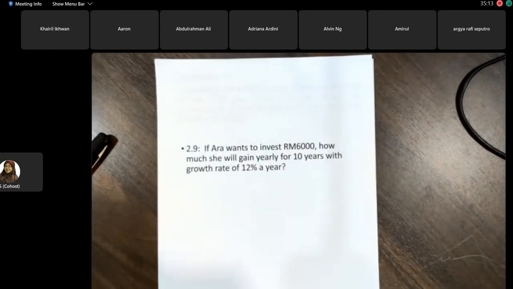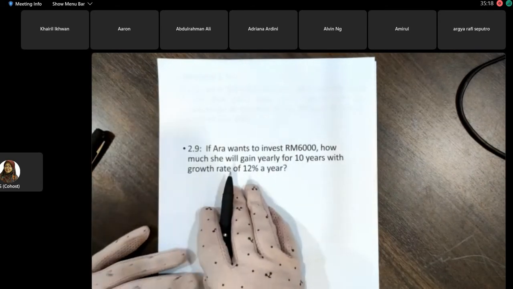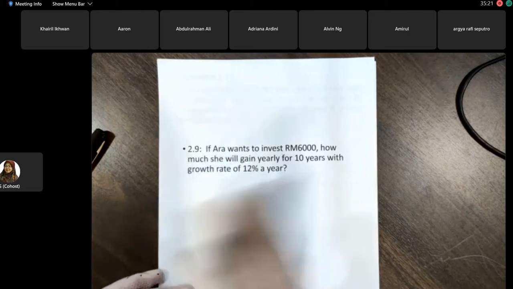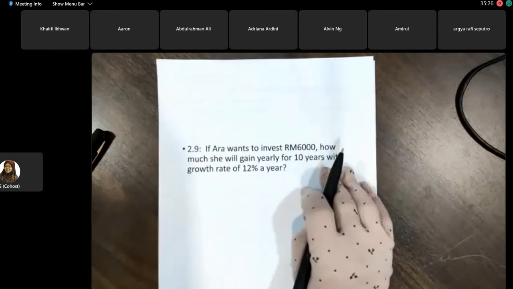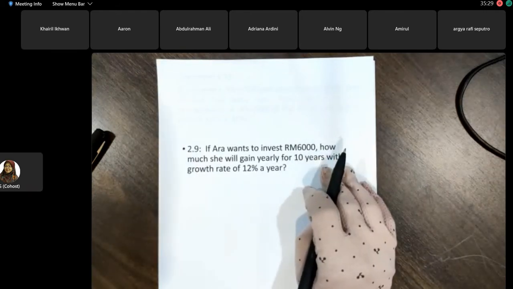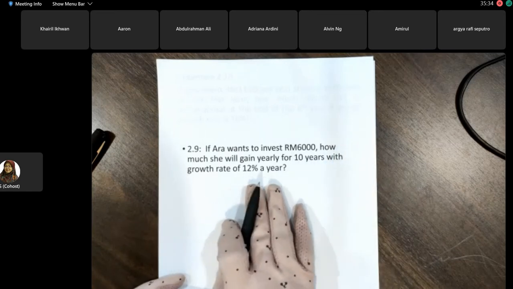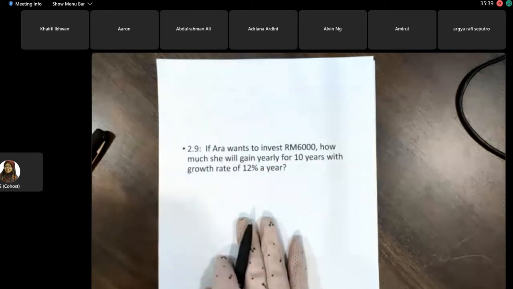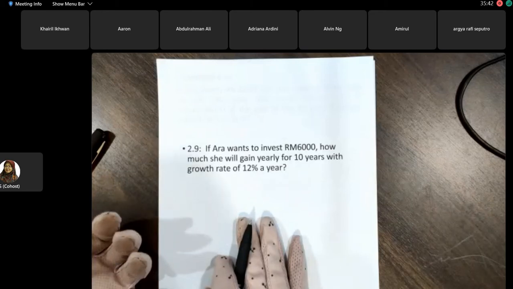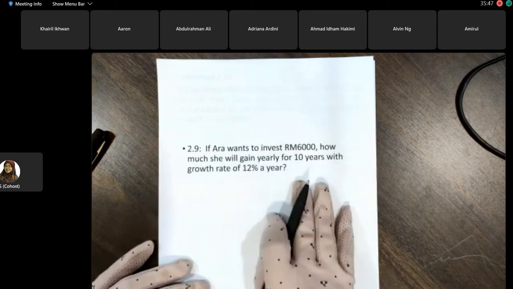Okay, this is example 2.9. Let's say Ara wants to invest 6,000 ringgit. How much will he gain yearly for 10 years with growth rate of 12%? I try to reverse the question.